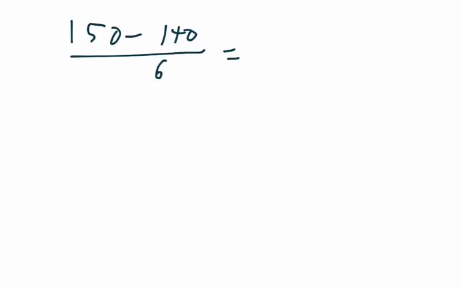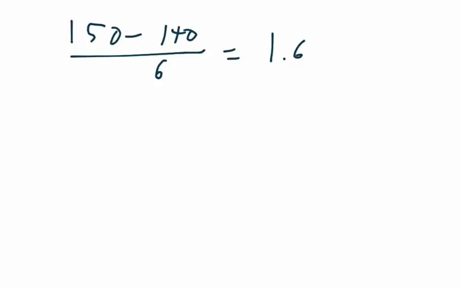So example number 4 talks about blood pressure. The average blood pressure for a man is 140 with a standard deviation of 6. And the average blood pressure for a woman is 130 with a standard deviation of 8. My blood pressure is 150. Mrs. Freeland's is 140. Who should be more concerned? So 150 minus 140 for me, divided by a standard deviation of 6.